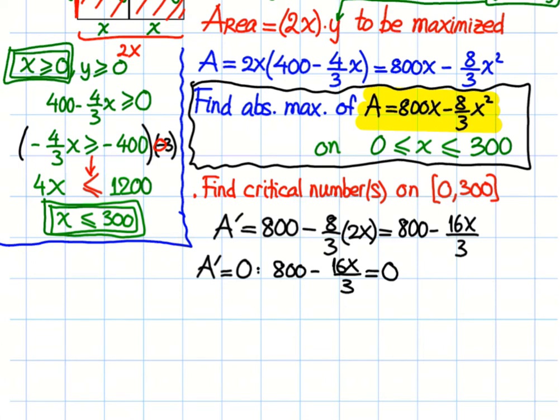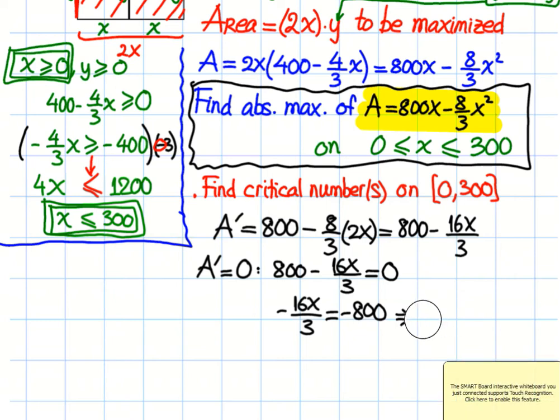Subtract 800 on both sides, and then multiply by 3 over 16. We have negative 16x; if we multiply by negative 3 on both sides, we have 16x equal to 2400.